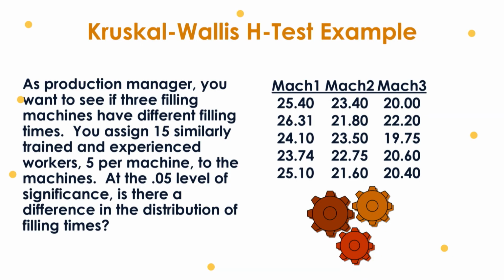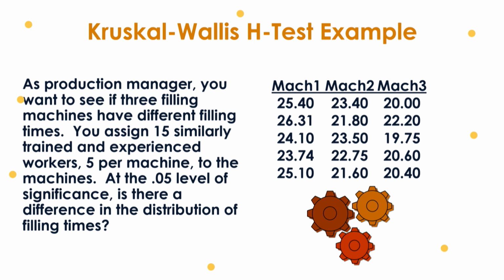An example problem: as a production manager, you want to see if 3 filling machines have different filling times. You assign 15 similarly trained and experienced workers, 5 per machine, and test at the 0.05 level of significance, that is 5% level of significance. Is there a difference in the distribution of filling times?